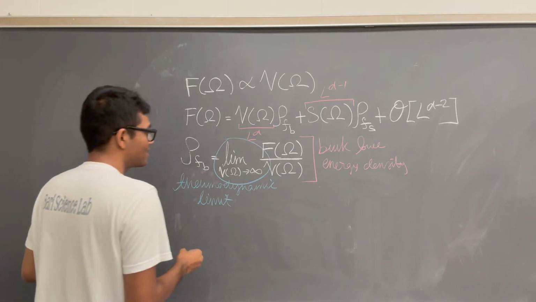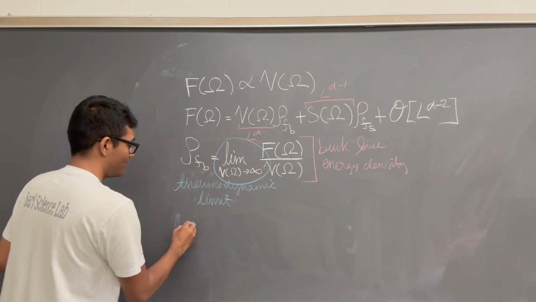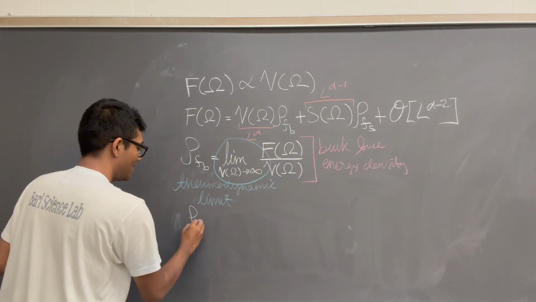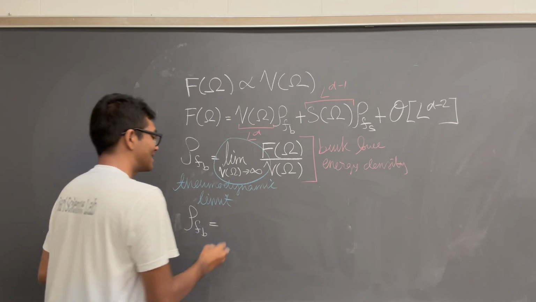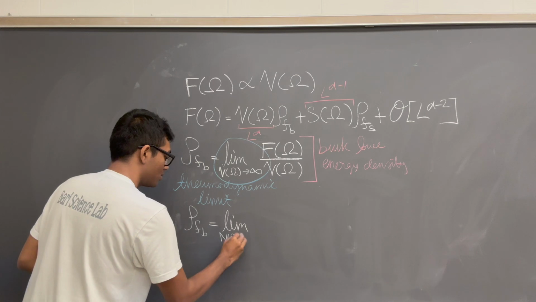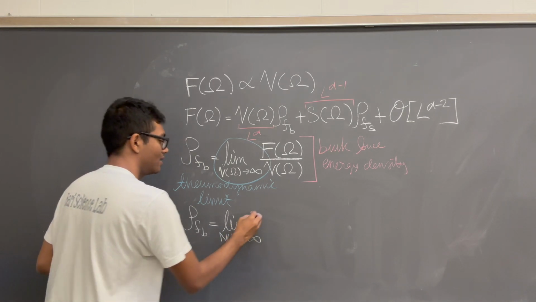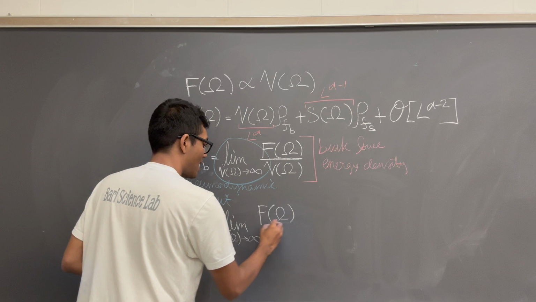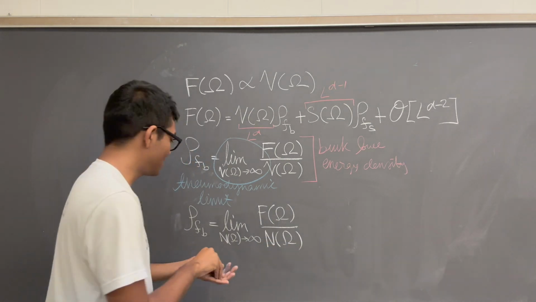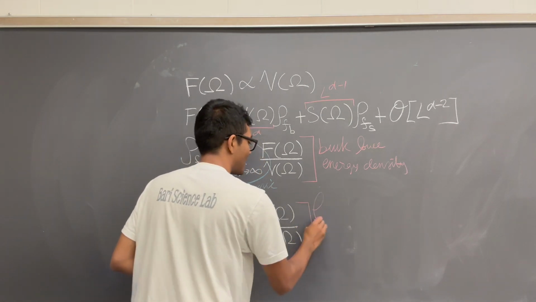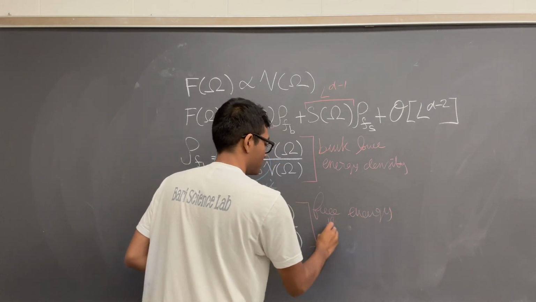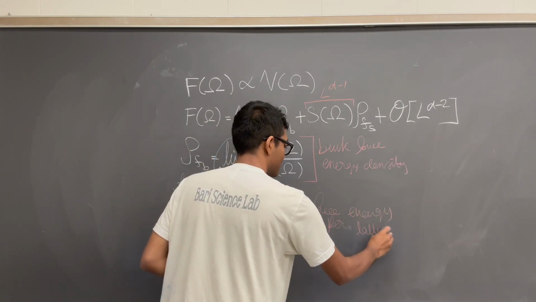And now likewise, we can do the same thing. So this is the free energy per unit volume, but we can also say that the free energy per lattice site is the limit as the number of lattice sites approaches infinity of the total free energy F of lambda divided by N of lambda. Okay, so this is the free energy per lattice site if we're dealing with a lattice system.